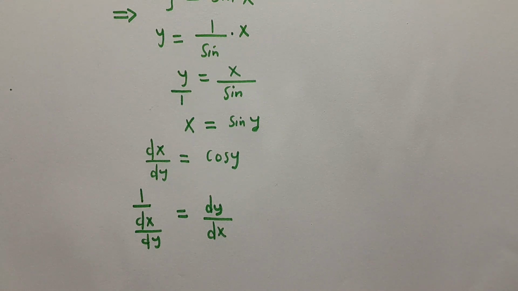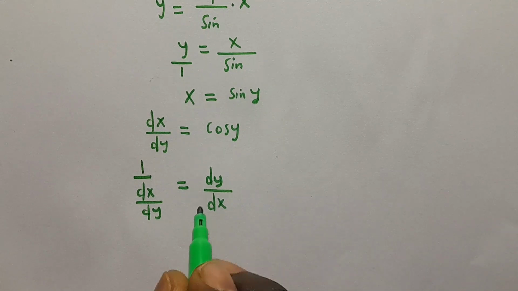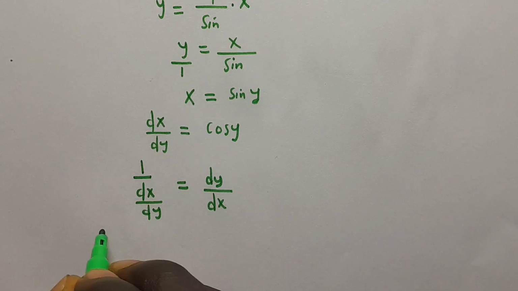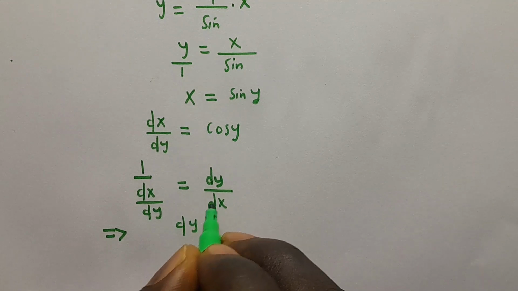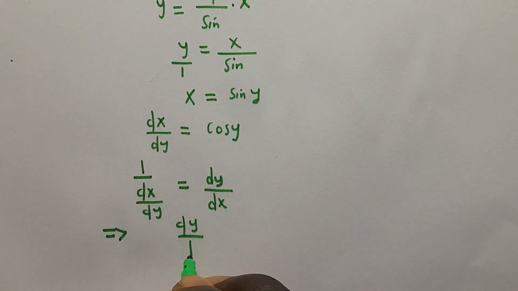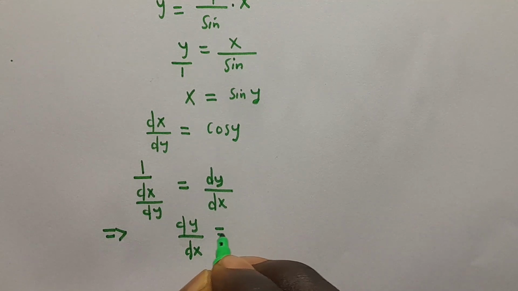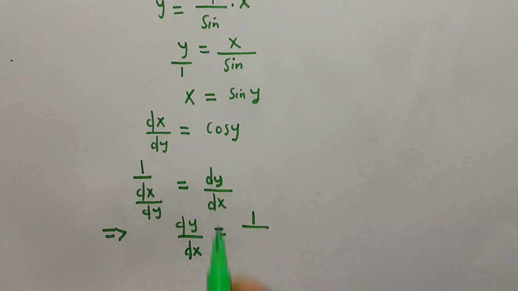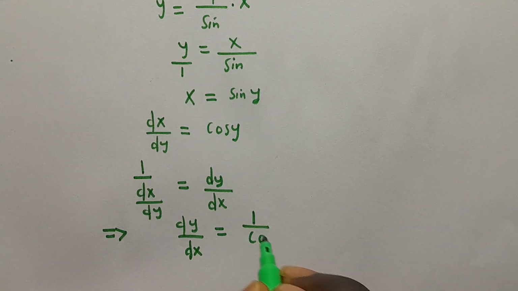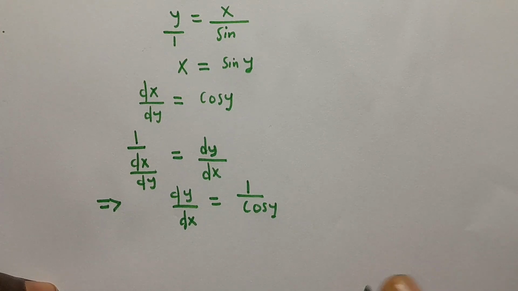So from here we know that dx/dy equals cos y. We can substitute here. This implies that we have dy/dx equals 1 divided by dx/dy, which equals 1 divided by cos y. Let's name this equation 1.